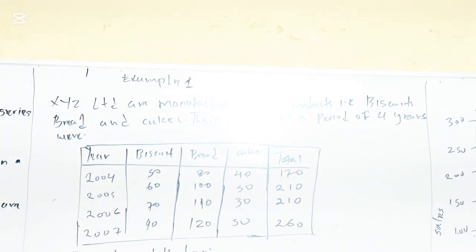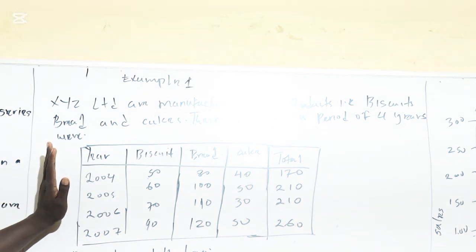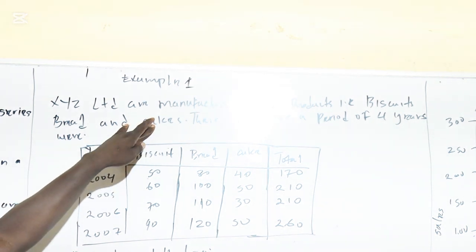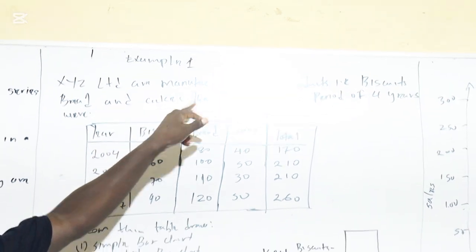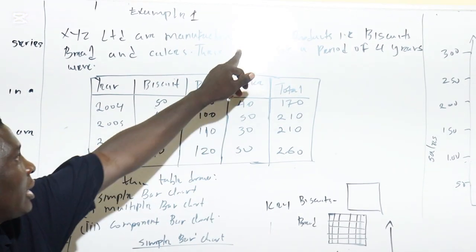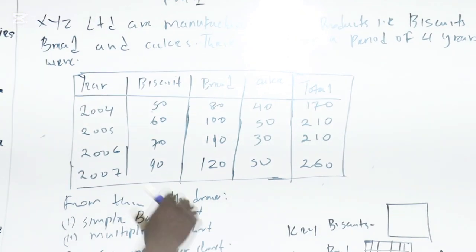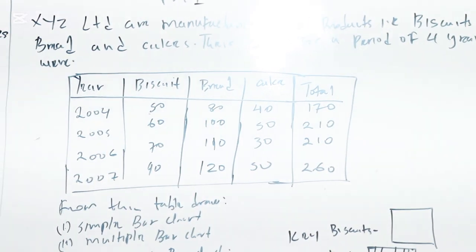Their sales over a period of 4 years were as follows. So we have the column of the years, the column of sales for biscuits, the column of sales for bread, and the column of sales for cake. Then the total across each and every row.